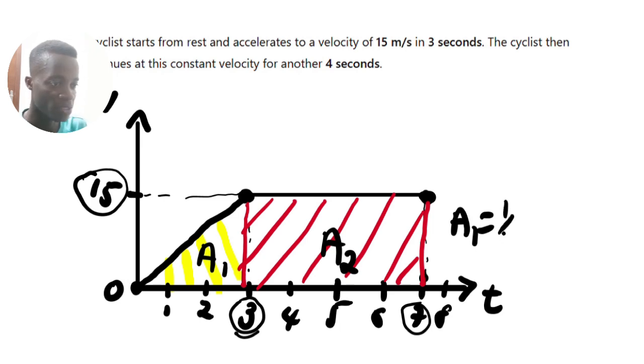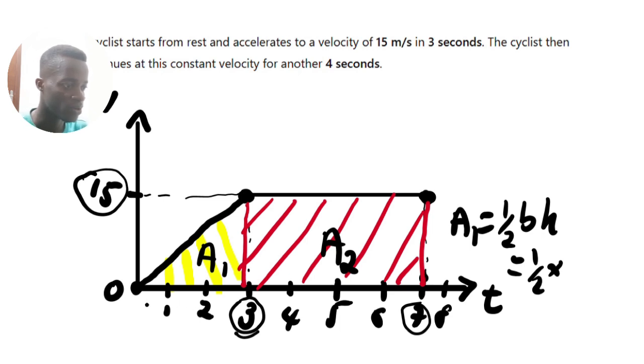Half base times height, for the right angle triangle. Half times the base, from here to here, 3 minus 0, is going to be 3. What's going to be the height? We're just focusing on the triangle, so it's going to be this height here. You measure 15 minus 0, it's going to be 15.